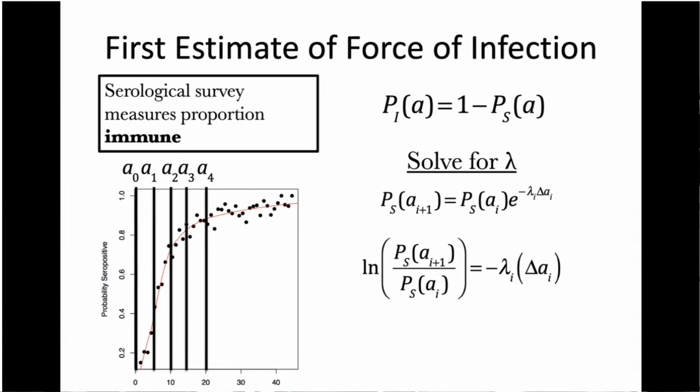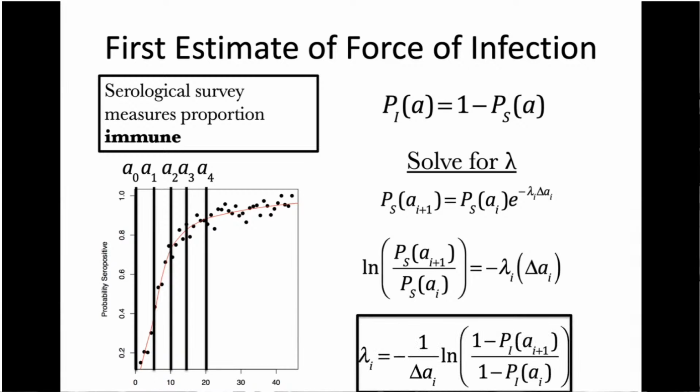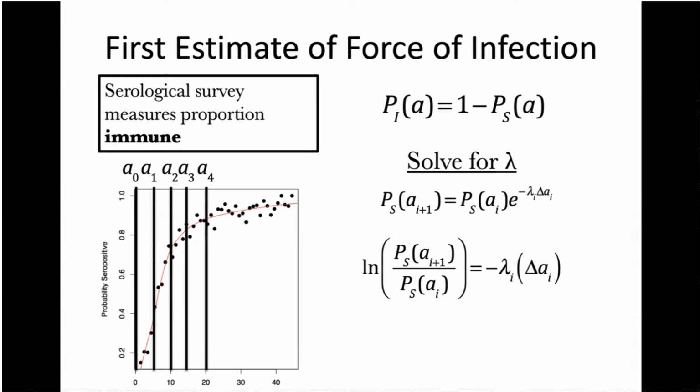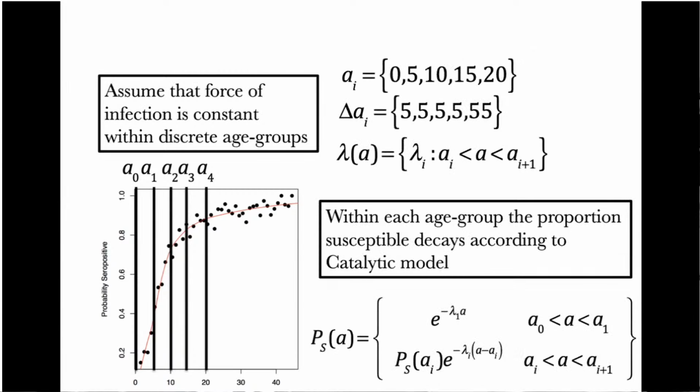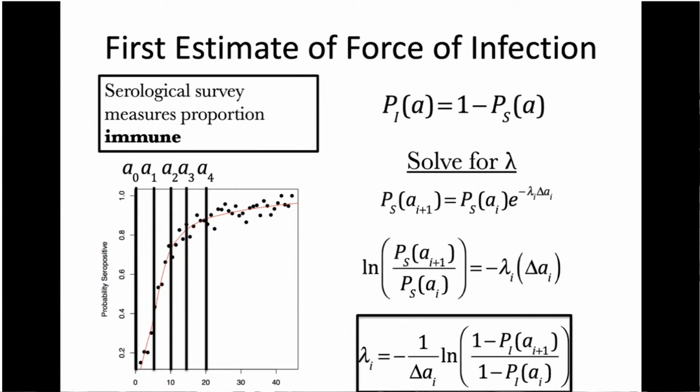Basically by solving this, making lambda the subject in this equation that we've already obtained here. So the force of infection is the same within the small rectangle, but different between the rectangles. Yeah, but for some diseases it might be the same all through age.